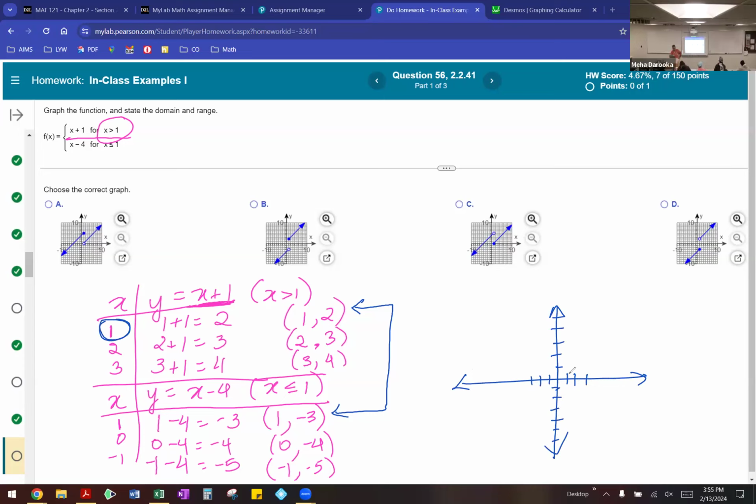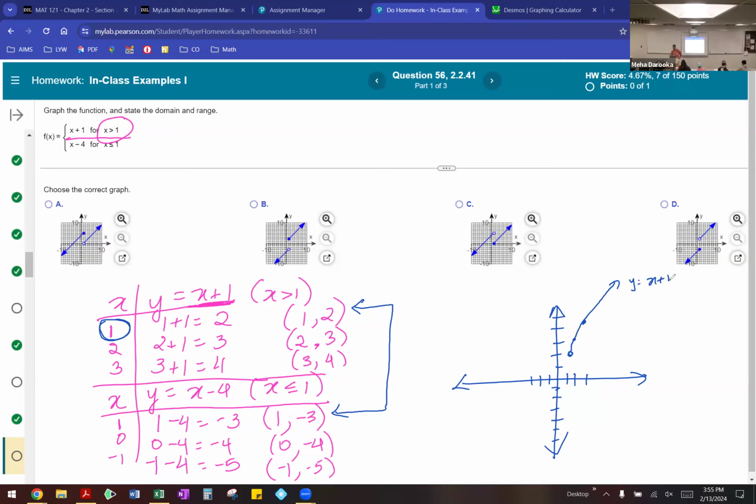So when you actually graph this, you want to graph it with an open circle, because that 1 was not part of that part of the function. So that's why we're leaving it as an open circle. And then you had (2, 3), (3, 4). So this is actually going to be a straight line, going this way. And this was that piece for y equals x plus 1.